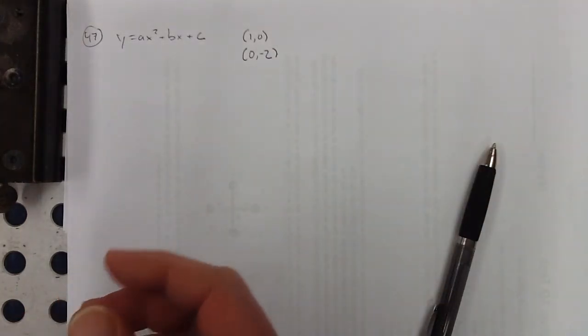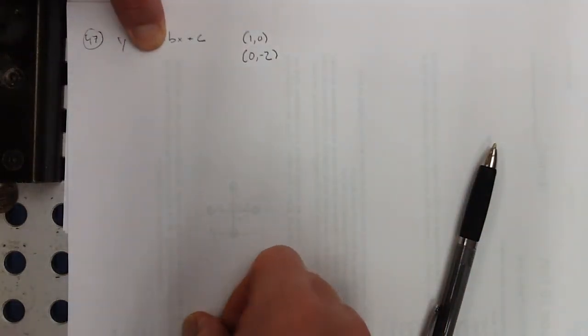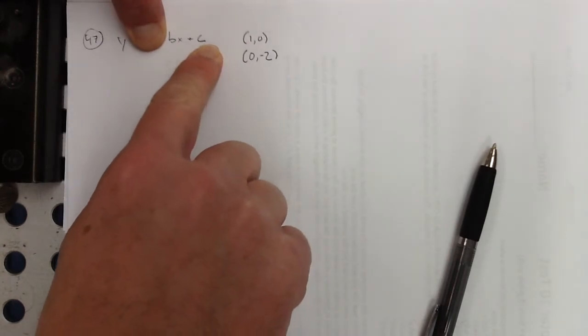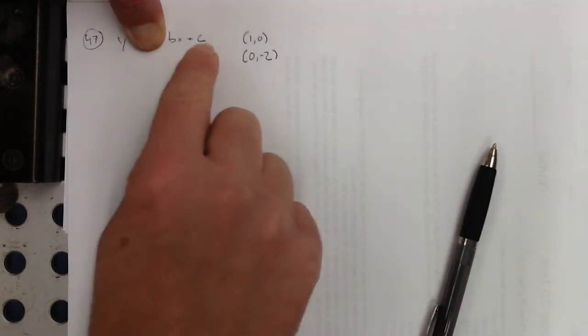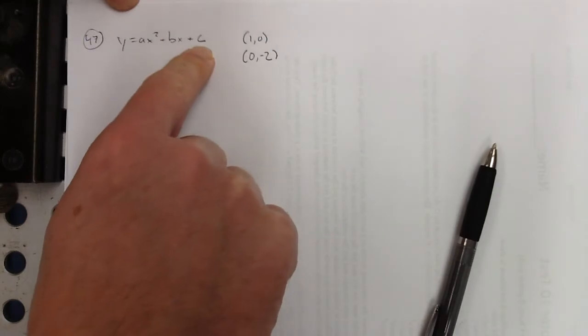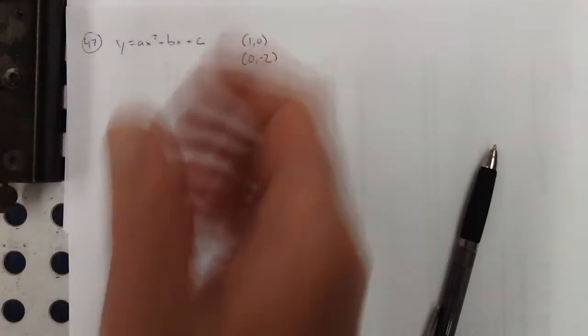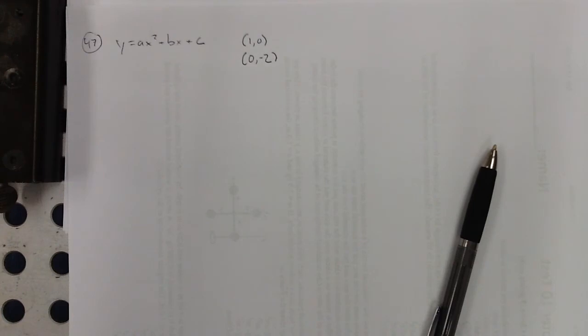If it's just a straight line, y equals bx plus c, you need to make a system of 2 equations because there are 2 unknowns. And here, since there's an A, a B, and a C, I'm going to need 3 pieces of information because there are 3 unknowns. So I've got 2. If they just gave us a third point, then I could set up that system.